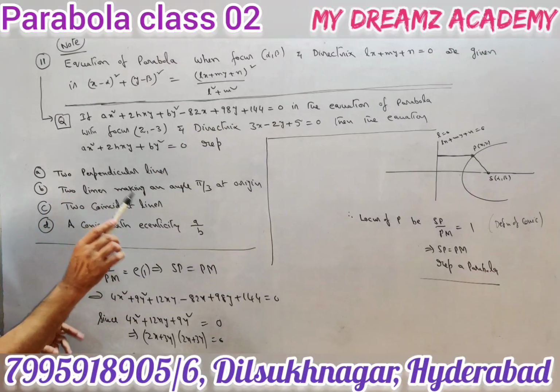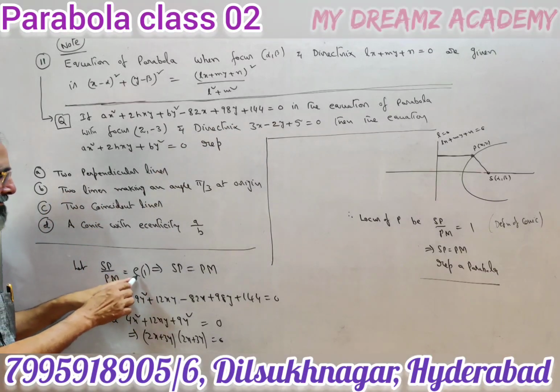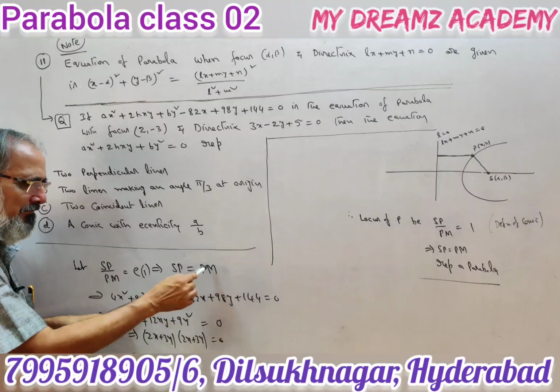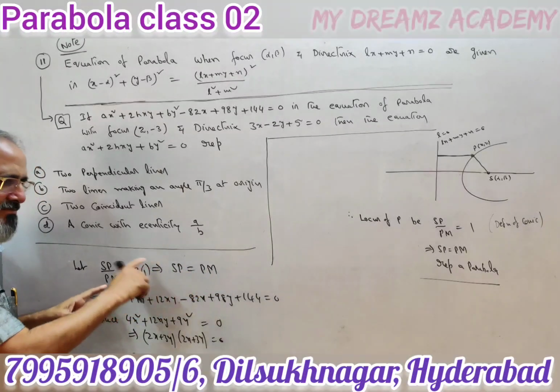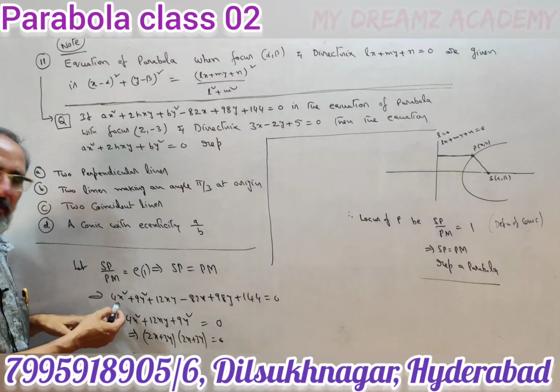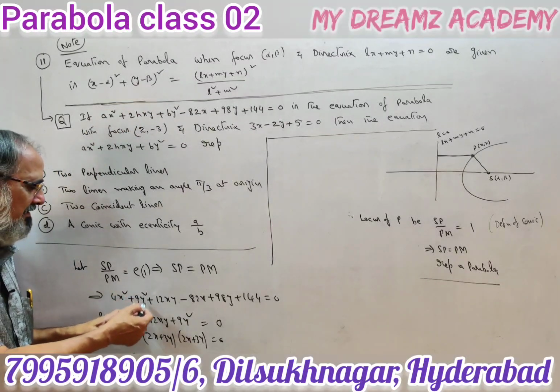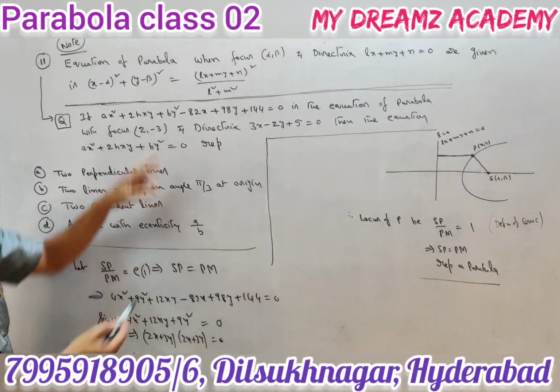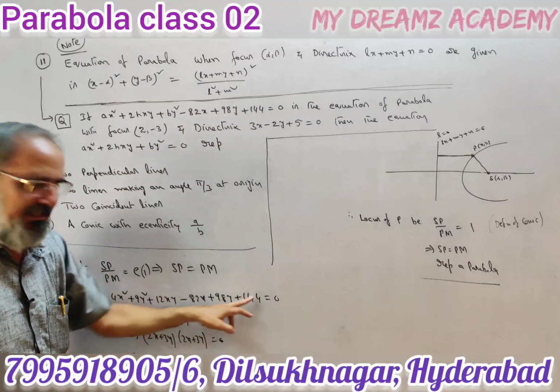Frame the total equation: SP by PM equal to 1, SP equal to PM, or SP square equal to PM square. With this expansion we get the equation 4x square plus 9y square plus 12xy, with the remaining terms repeated as they are.